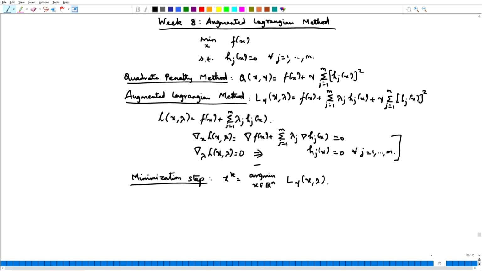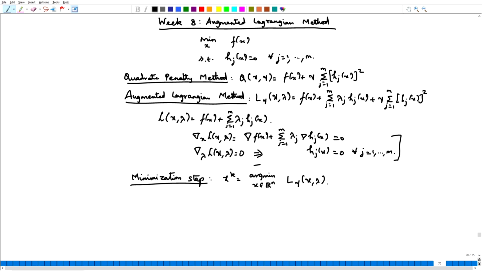So, we saw that in the minimization step we have x k, which is the x that minimizes L gamma of x comma lambda for a fixed gamma and fixed lambda. The first question possibly is what is that value of fixed gamma and fixed lambda. We will push gamma for a discussion a little later. But for lambda, let me tell you the following.